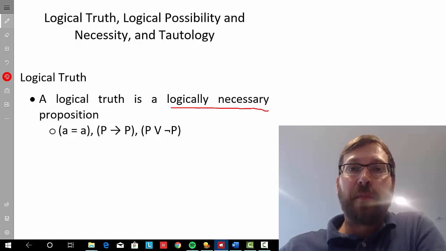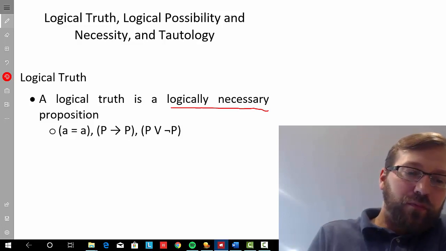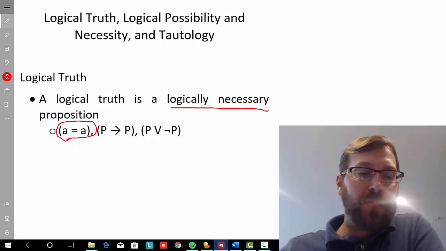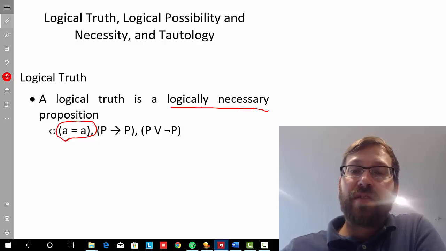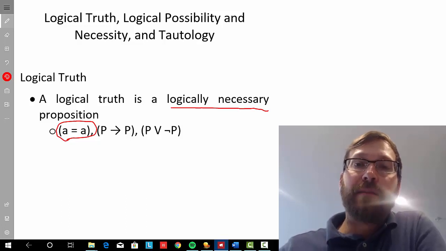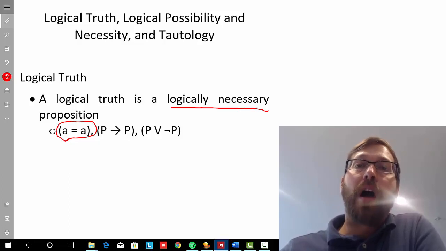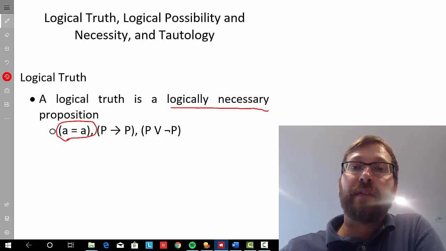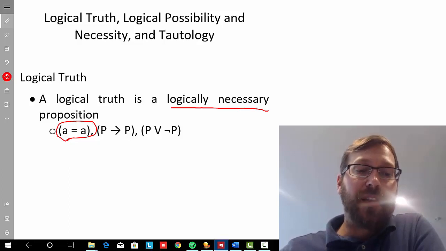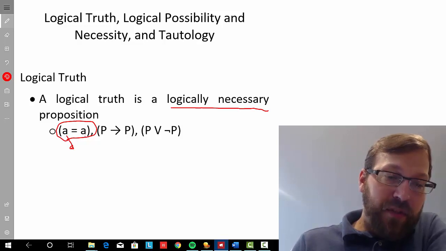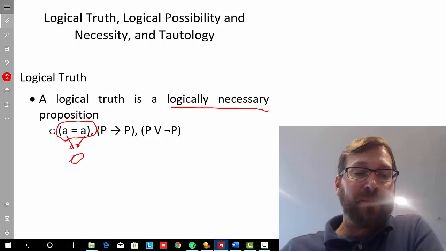But just to think of some examples, A is identical to A, for instance. If we remember, in FOL, our names are individual constants. So for any instance of a name, it can only pick out one object. It's not like the English name Bob that several people can have. Only one object can have the name A. So these two names have to be picking out the very same thing, whatever that thing is.